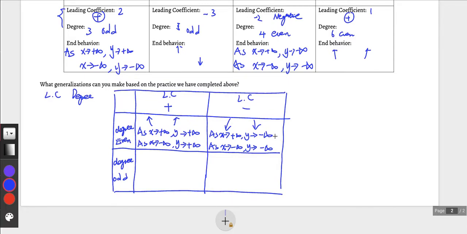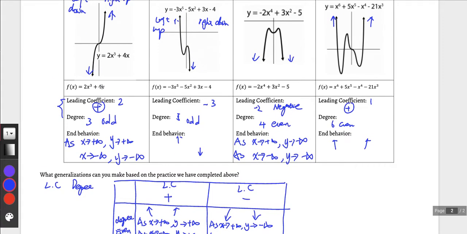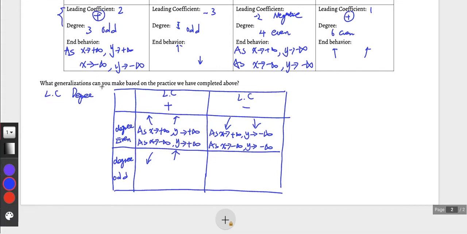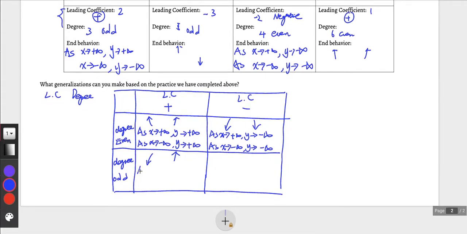But for the odd degree, we know it's going to be opposite. When the leading coefficient is positive, it's left down, right up, as you can see in the first one. So as x approaches positive infinity, y approaches positive infinity because it's on the right side, and as x approaches negative infinity, y approaches negative infinity.